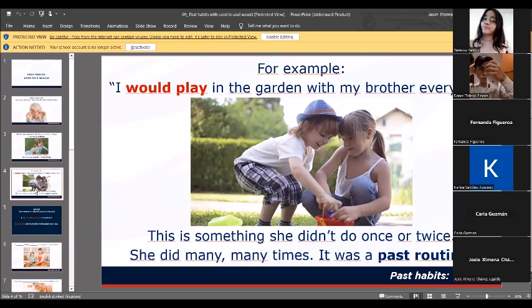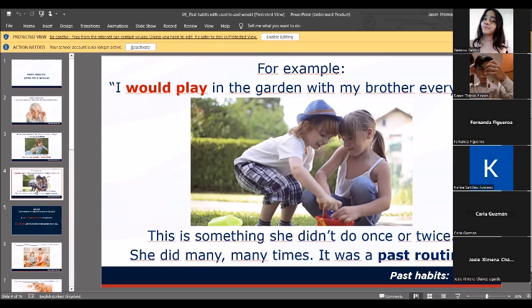Sometimes she did it once or twice. She did it many times. It was a past routine. Past routines, guys. Repeated actions.